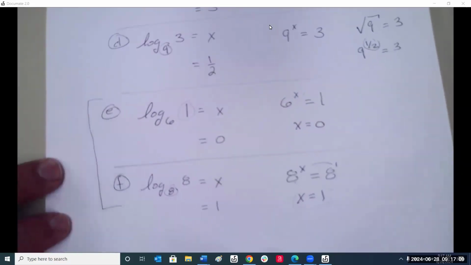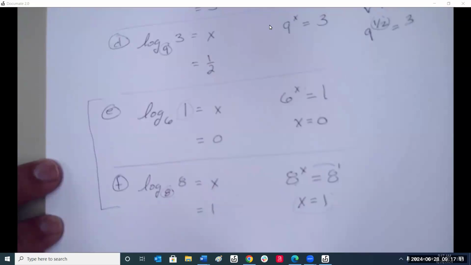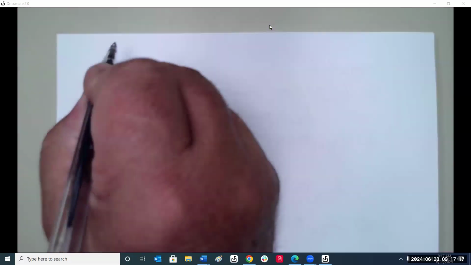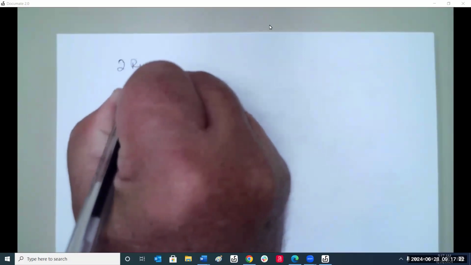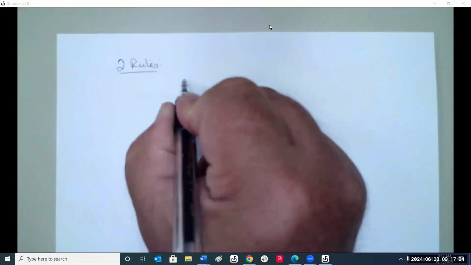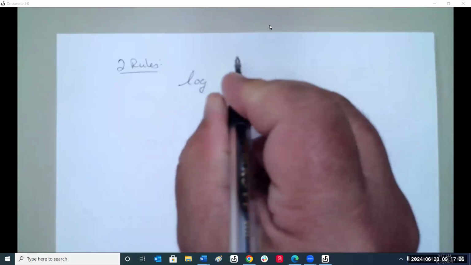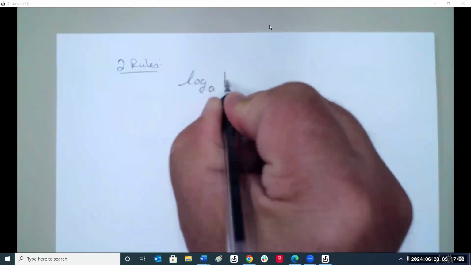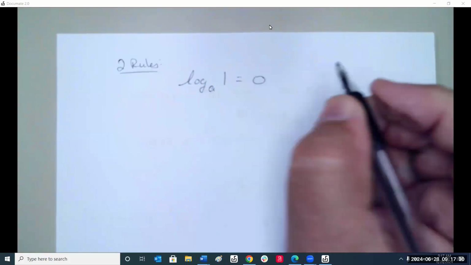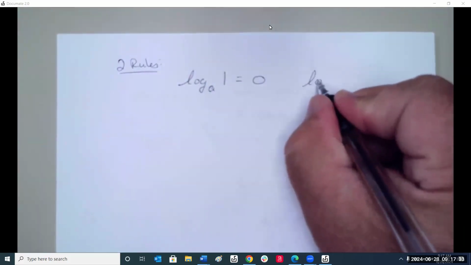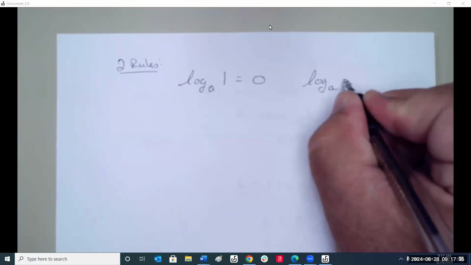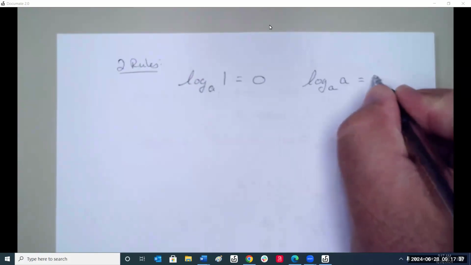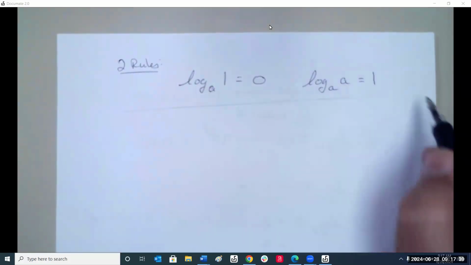Those are the first two rules, and we're going to summarize all these in the next section. Log base anything of 1 equals 0, and log base anything of itself is equal to 1.